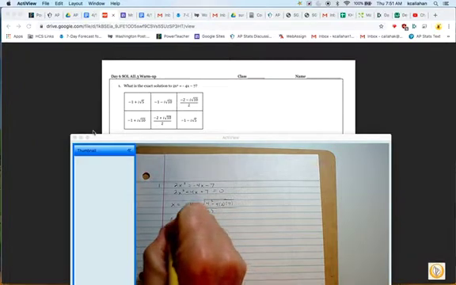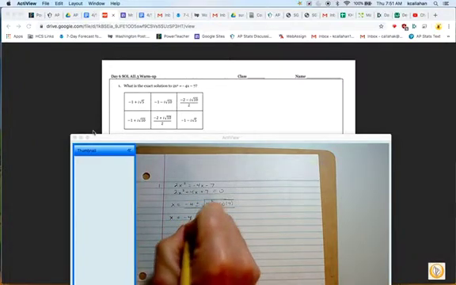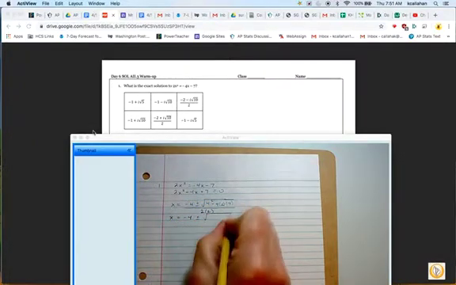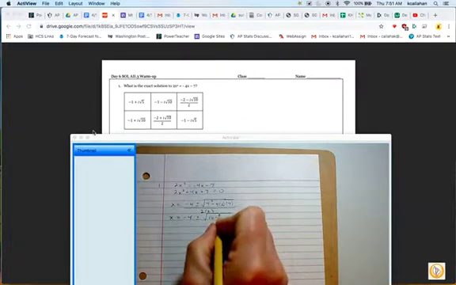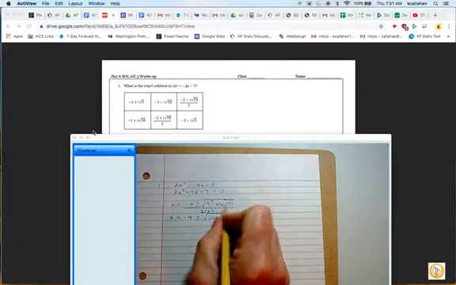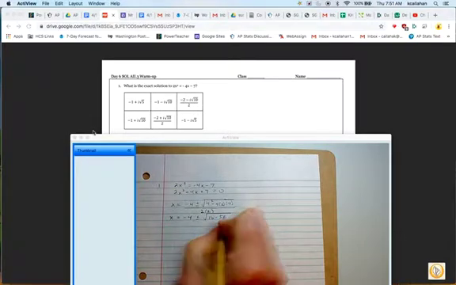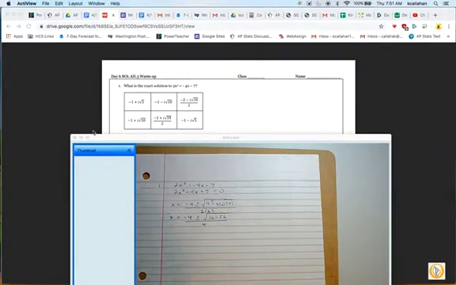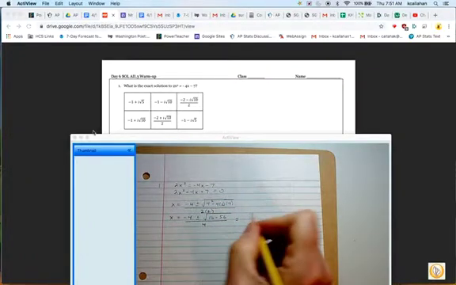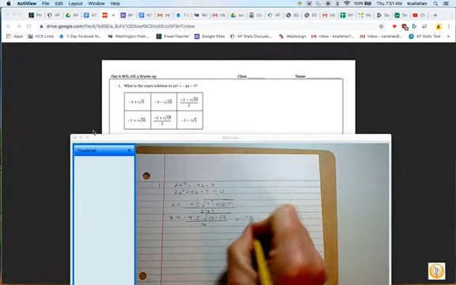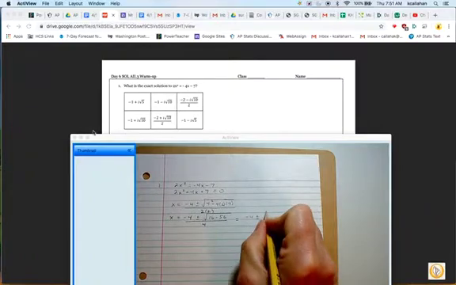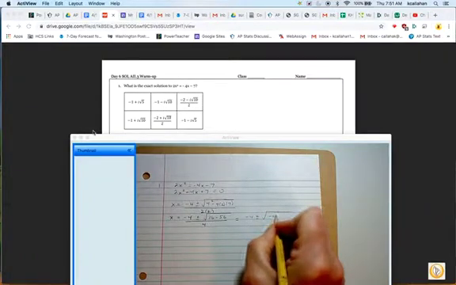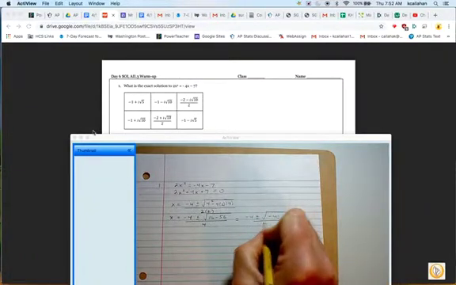Okay, x equals negative 4 plus or minus the square root of 16 minus 4 times 2 times 7, which is 56, over 4. So this equals negative 4 plus or minus the square root of negative 40 over 4.